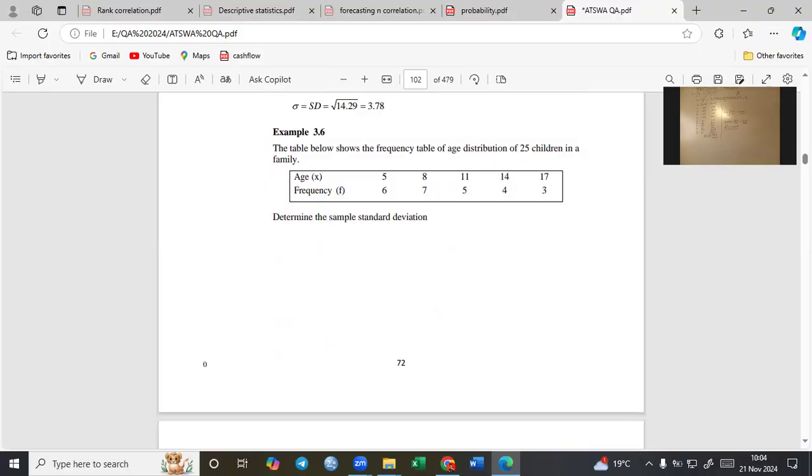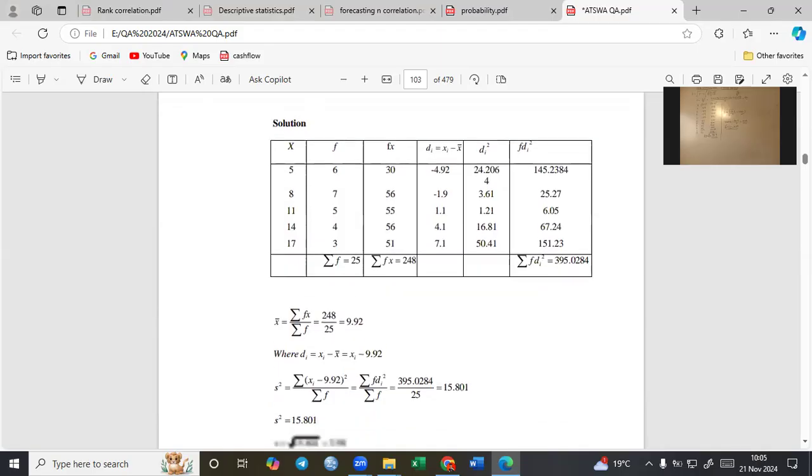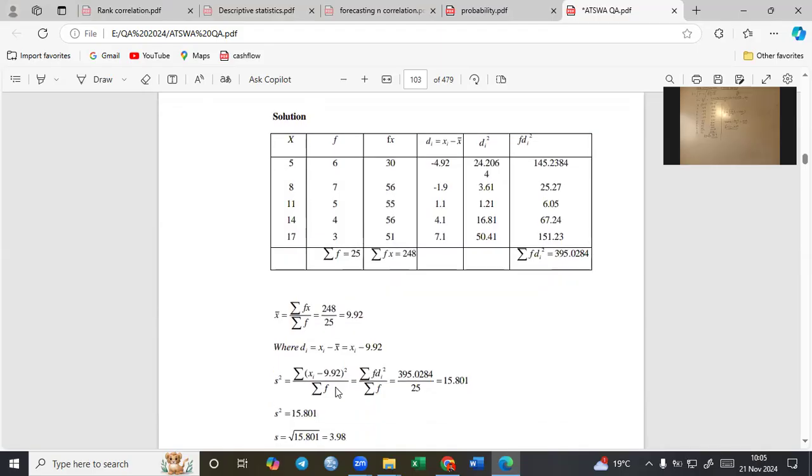Now the data below shows the table of ages of 25 children in a family. So we have the age and we have the frequency. Now this one is different because we already have the frequency. Now in the case where we have the frequency, this is the formula.